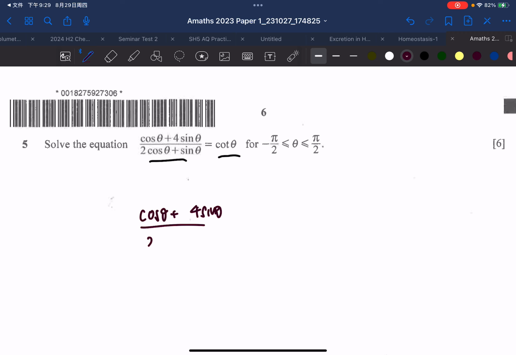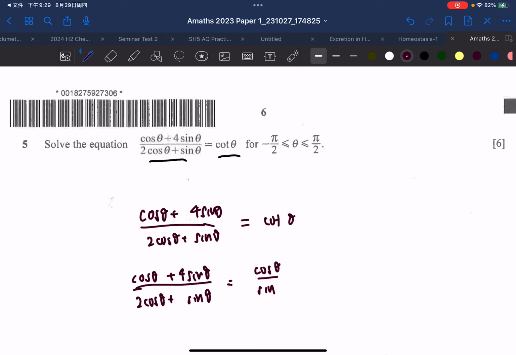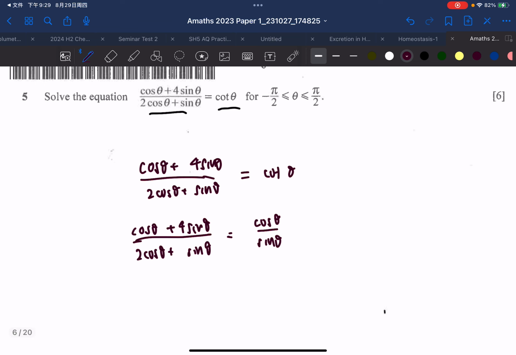When we deal with this kind of fraction, my default first step is to change everything to sine and cosine. Here the left hand side is already in sine and cosine, but cotangent theta can be further simplified to cosine theta over sine theta. So what do we do here? Cross multiplication. So cosine theta plus 4 sine theta times sine theta, and for cosine theta, it will times 2 cosine theta plus sine theta.